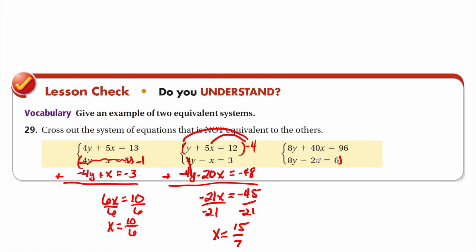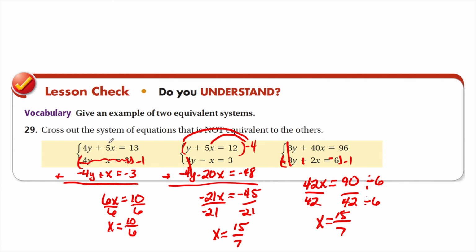So if I'm going to multiply the bottom portion by that negative once more, negative 1, that will give you a negative 8y plus 2x minus 6, which is going to give you these canceling out, a 42x is going to equal a 90, and then we divide both sides by 42, and you'll get x is going to equal, once again, 15 over 7, because if we were to take a 6 away from the top and a 6 away from the bottom, you'll get 15 over 7, noticing that x in the second portion and the x in the third portion both are represented by the same exact solution.